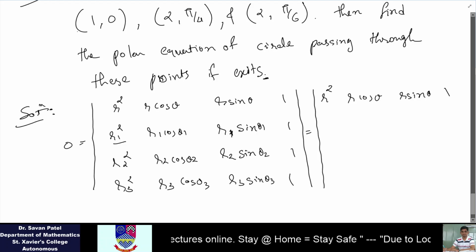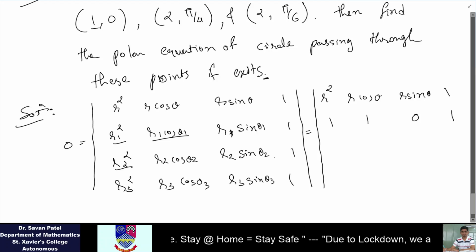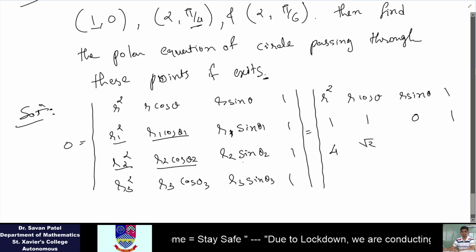Here r1 square, r1 is 1, so 1 square is 1. r1 cos theta 1, cos 0 is 1, so it is 1. r1 sin theta 1, sin 0 is 0, so here it will be 0, and this is always 1. r2 square, that is 2 square, so that is 4. r2 cos theta 2, theta 2 is pi by 4, so cos is 1 by root 2, so 2 times 1 by root 2 is root 2. Again r2 sin theta 2 is 2 times 1 by root 2, root 2. Here it is 1.